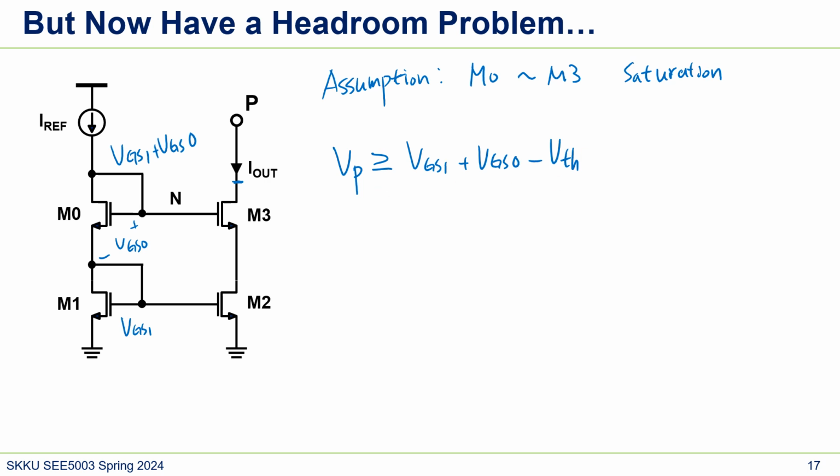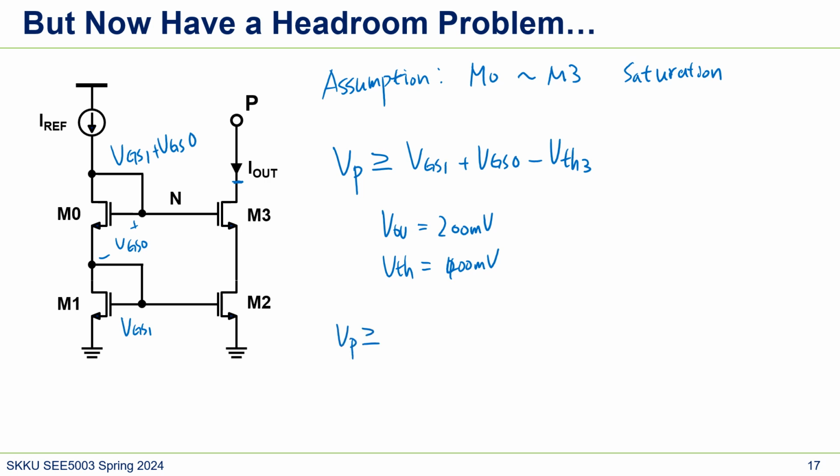Let's bring up some actual numbers. Let's say VOV is 200 millivolts, and VTH is, for example, 400 millivolts.